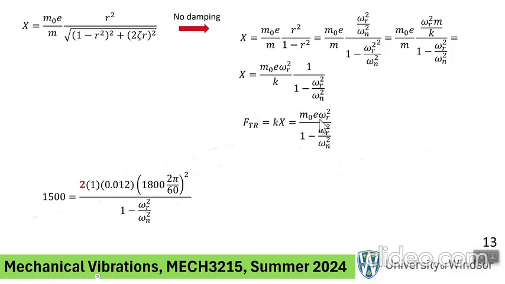There is omega R, which was 1800 RPM, but you have to convert it to rad per second. And in the denominator, you know omega R, omega n squared. Let me remind you what omega n squared is. Omega n squared is K over M, right? K over M.